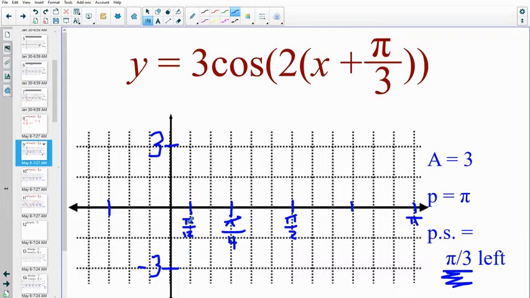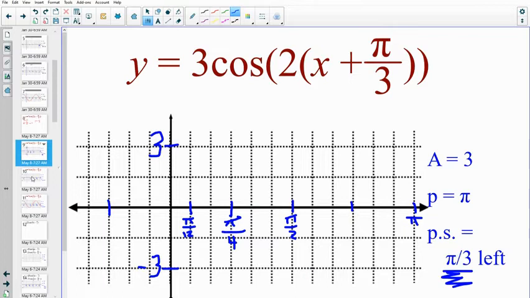This is 1 pi over 12, 2 pi over 12, that'd be pi over 6. 3 pi over 12 is pi over 4. 4 pi over 12, hey, that's pi over 3. So on this grid, counting off by pi over 12s, I determined that 4 of these grid lines is the equivalent of pi over 3.